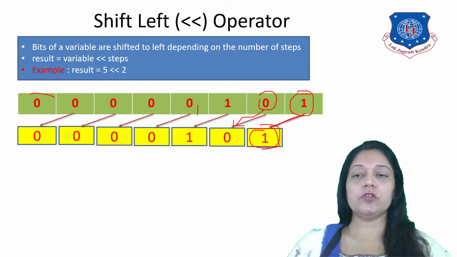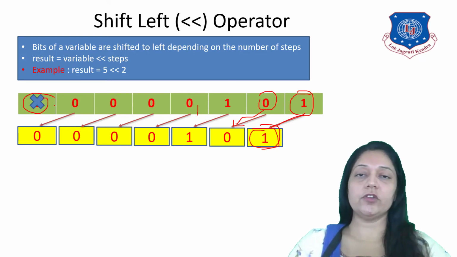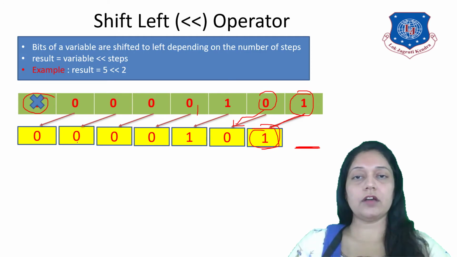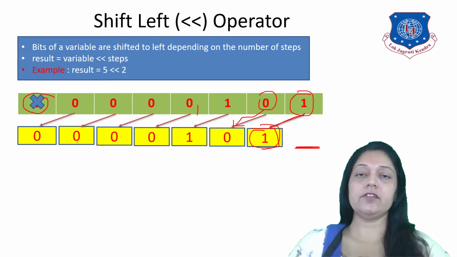Now, when we come to the last bit, the last bit is discarded. It is deleted, or you can say it is discarded. Now, this one space is left. These are 7 bits, but I should have the result in 8 bits. So the first bit will be 0. I'll place 0 by default.